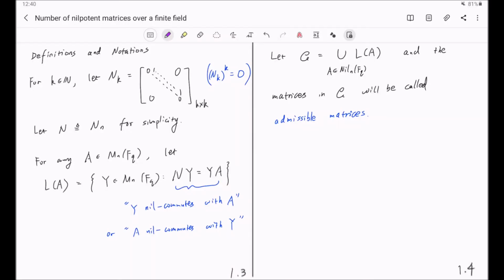But before we do this, let me first tell you what the general idea of the proof is. The general idea is the following.